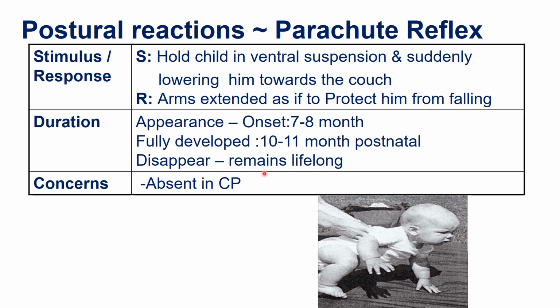It does not disappear; it is a lifelong reflex. Absence of this reflex indicates cerebral palsy. So if the Landau reflex and parachute reflex are not appearing at the age they should, that indicates a neurological deficit, and usually it is seen in a cerebral palsy child.